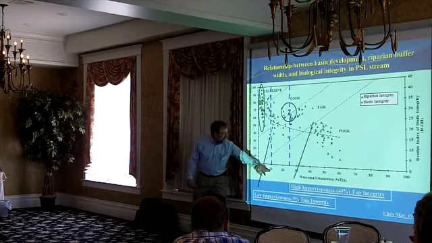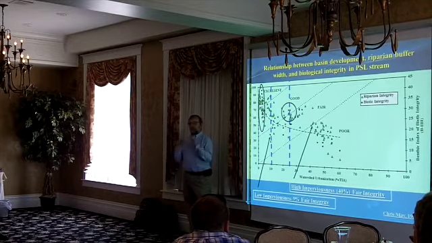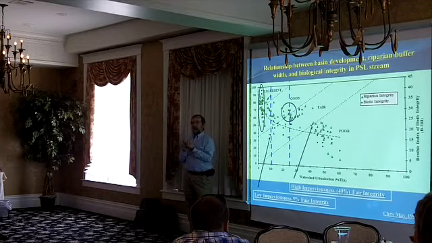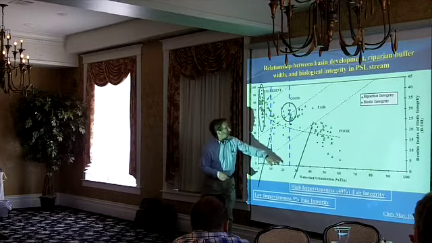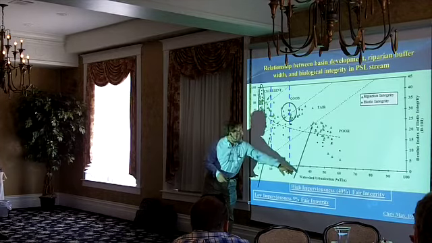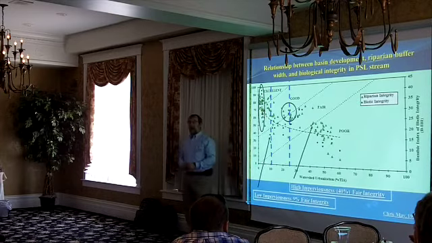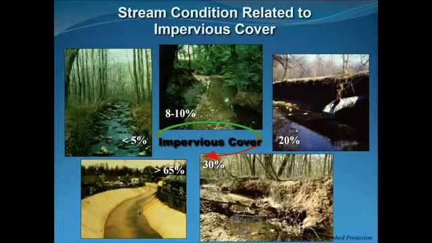And it starts with about 10%. Once you hit 10% development, the watershed begins to deteriorate. And by the time you hit 30 or 40%, you're down into degraded. You can see this in even more detail. This is one of Don's slides, where you go from pristine to impacted to down greater than 65%.